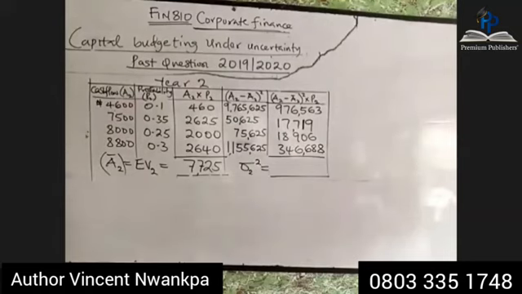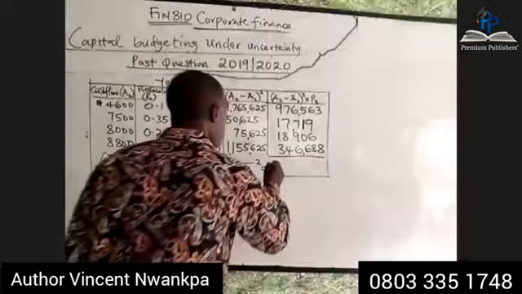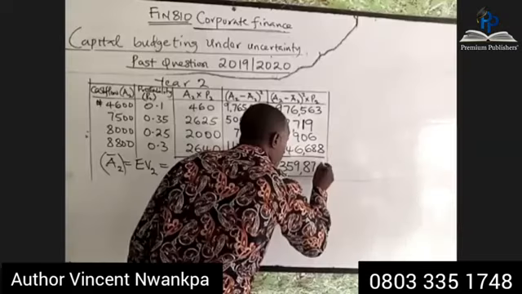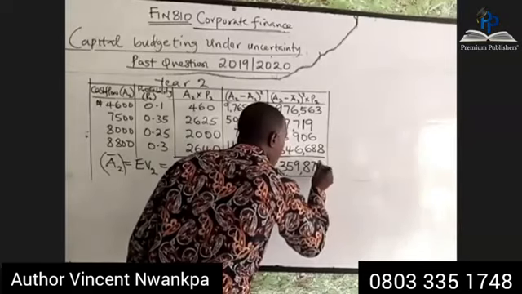We're about there. Remember, year 3, we will soon get there. 1,359,876.